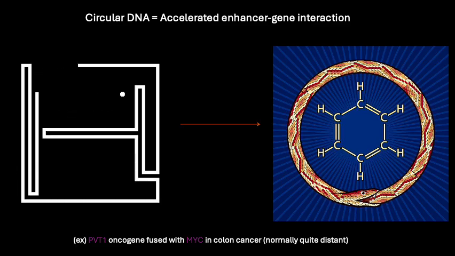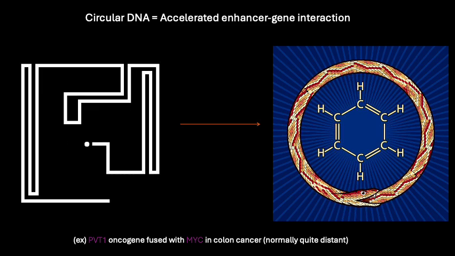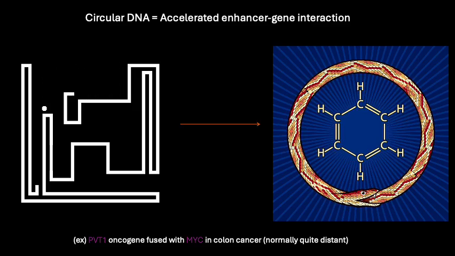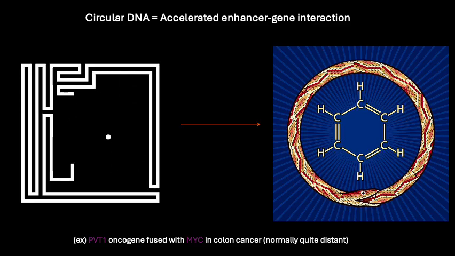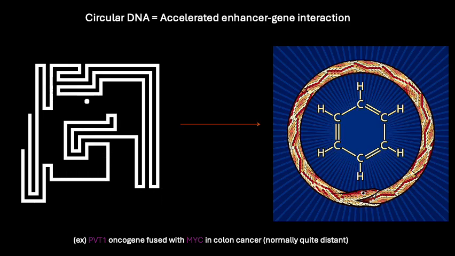But ecDNAs are circular. On the right here, I've illustrated an Ouroboros, or a snake eating its own tail. This illustrates that the enhancer has caught up with the tail, or the gene. Because of this physical proximity between the enhancer and the gene, this allows for increased oncogene protein production within ecDNA.